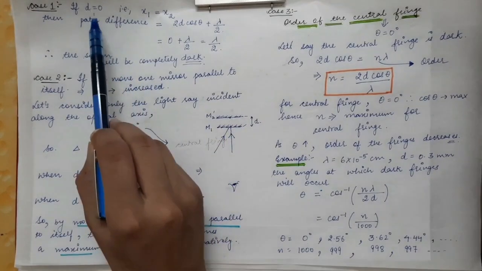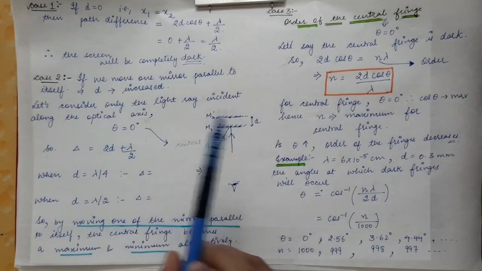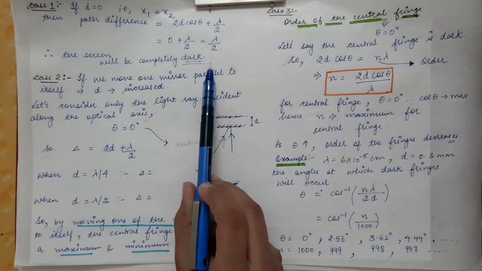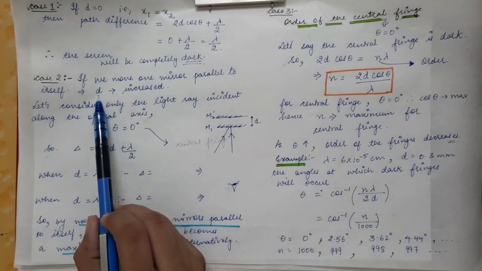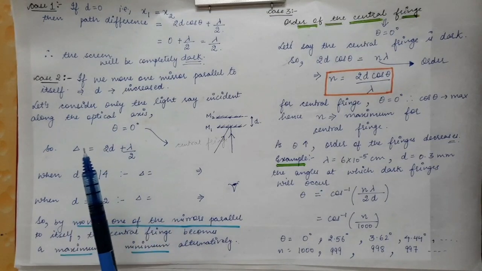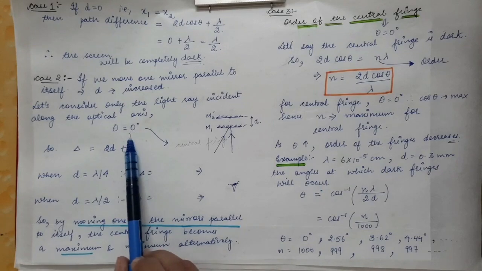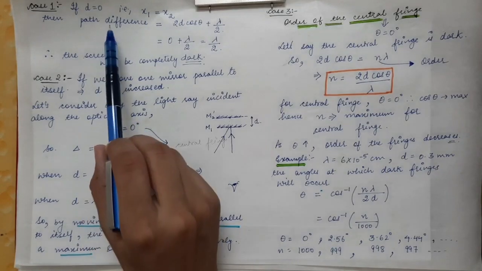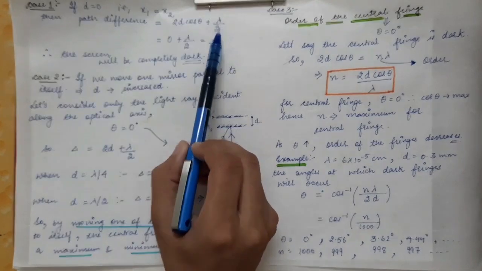So first, when D is equal to 0, the whole screen will be dark, that is no fringes will be observed. As you start increasing the distance D, we will see what the effect will be on the central fringe. Now when we are considering only the central fringe, that is theta equal to 0, the path difference will be equal to 2d cos 0 plus lambda by 2.